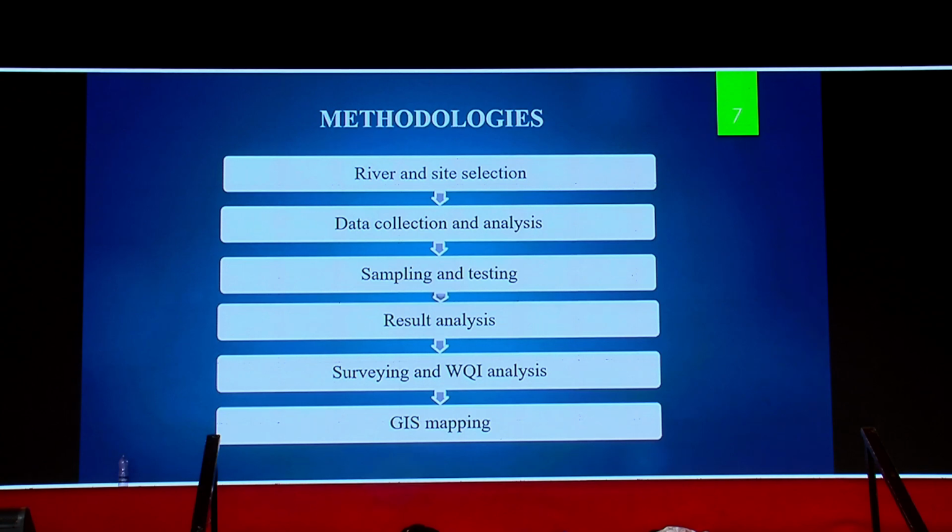These were the methodologies that we have followed in our project. First, we selected the locations for the sample collection from the Kuppam and Valapattanam rivers in association with the Pollution Control Board Kannur. After that, we needed to decide the parameters to test in this project.